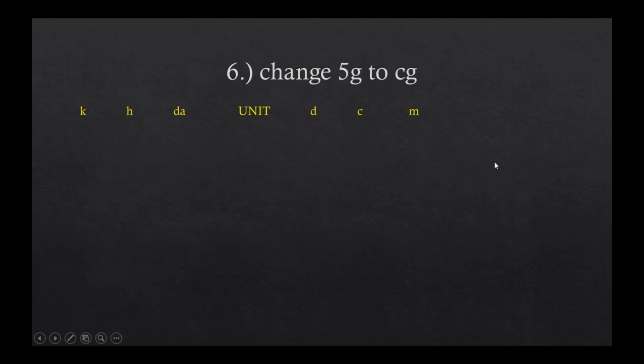Let's do one more of those. 5 grams to centigrams. Go ahead and try that one. So remember, grams would be considered the base unit, so that starts in the middle, and we want to go to centigrams.